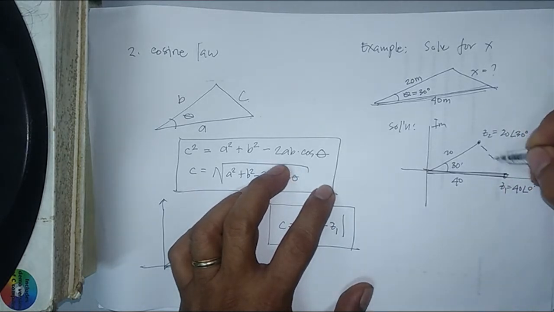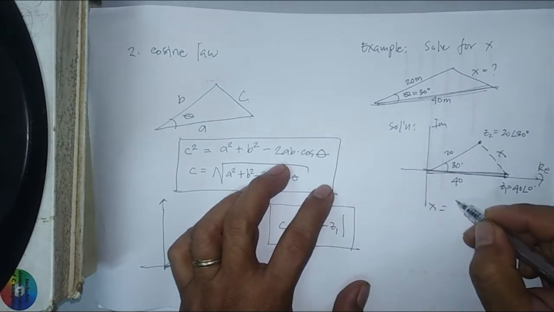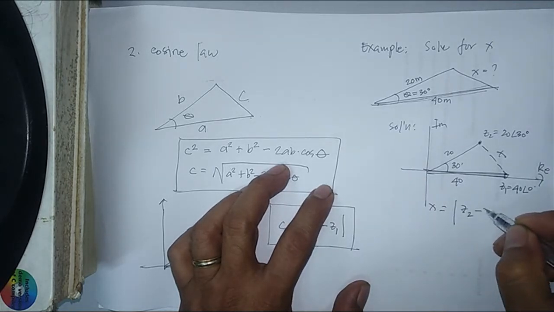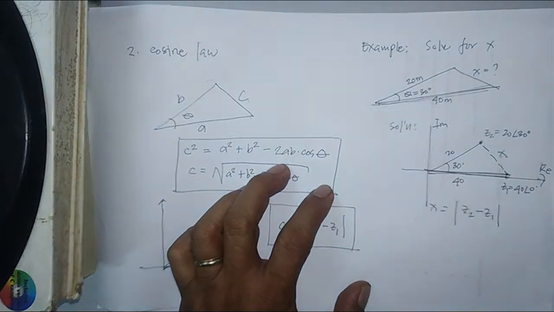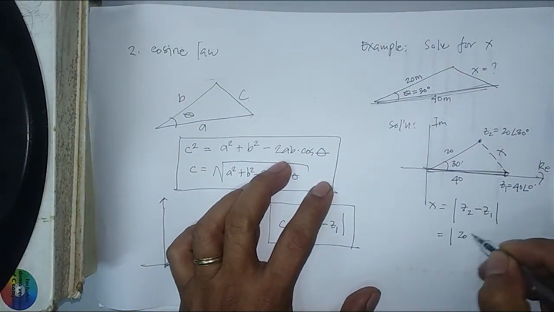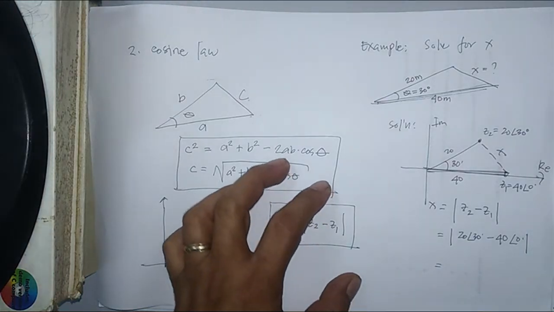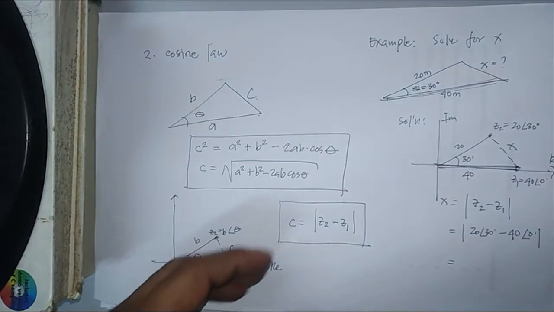To solve for the value of x, that is just the magnitude of the difference between the two complex numbers. So this is equal to 20 angle of 30 degrees minus 40 angle of 0 degrees. Take out your calculator and solve this one.